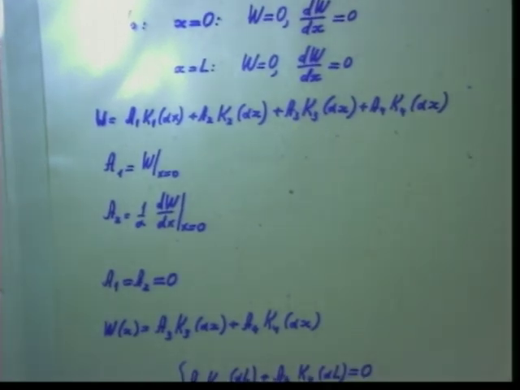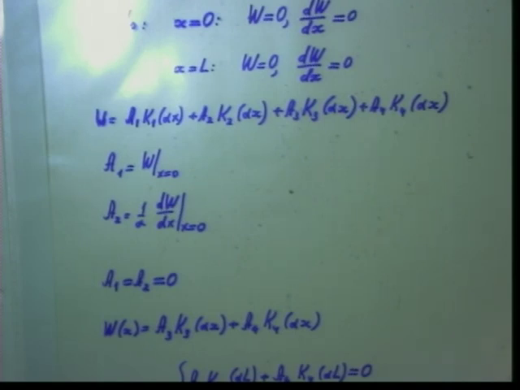So we already had before that A1 and A2 are 0 for a clamped end. Remember, in the previous case we had clamped-free, but the main thing is that on the left we had a clamped end. There we had A1, A2 equals 0. So naturally, because we have a clamped end on the left, A1 and A2 again equal 0.